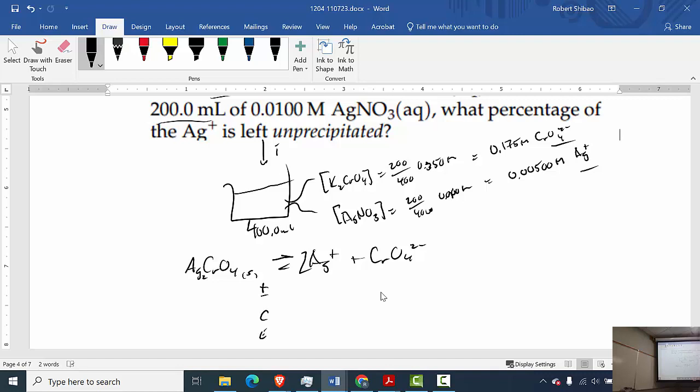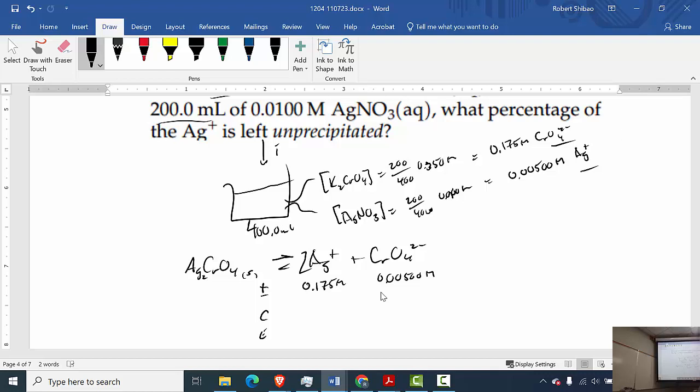What I do here is I do this. This is in fact 0.175 molar, and this is 0.00500 molar initially. But I don't like to do a shift. Here is QSP greater than KSP.